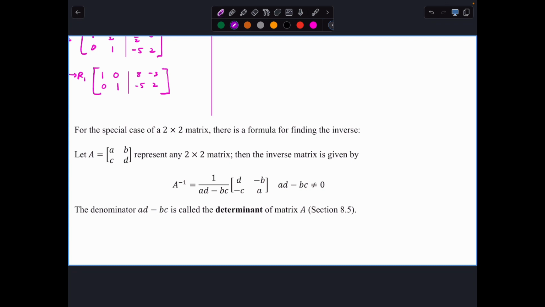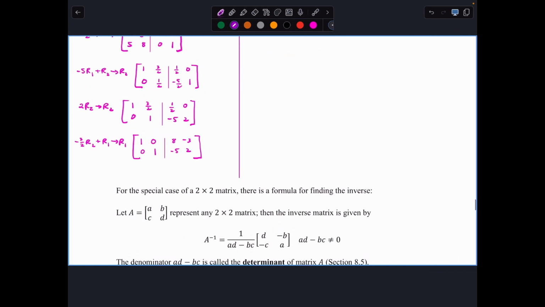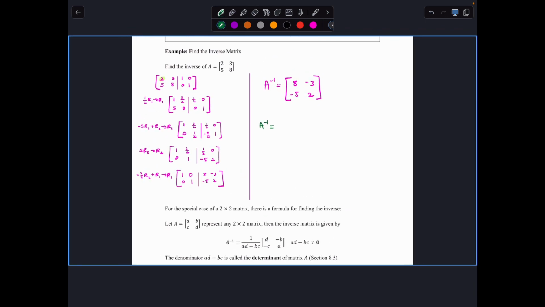So let's do this by hand for confirming this formula. A inverse would be equal to 1 over AD minus BC, which would be 2 times 8 minus 3 times 5.